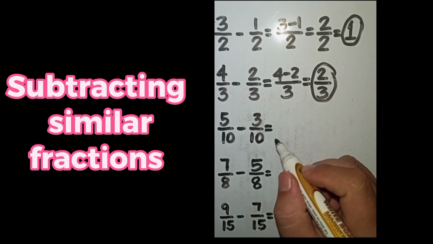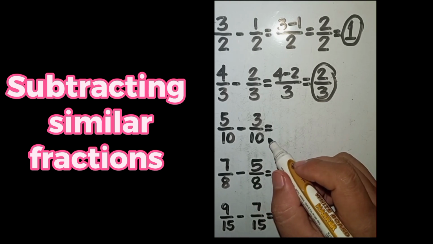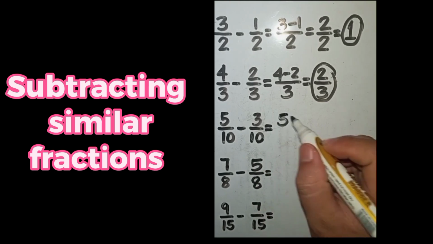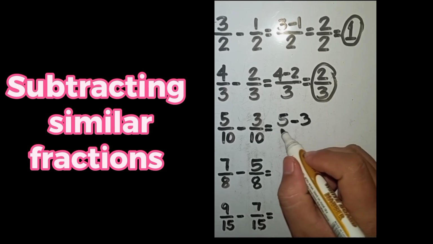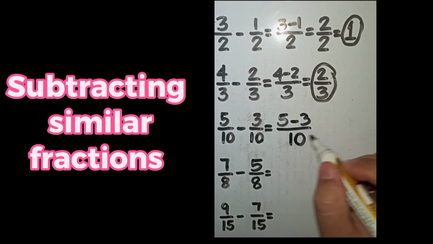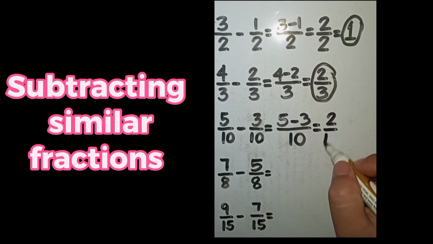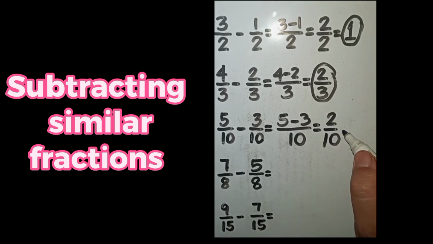Now for number 3, we have 5 over 10 minus 3 over 10. That is equal to 5 minus 3, copy 10. That is equal to 2 over 10. Simplify further.